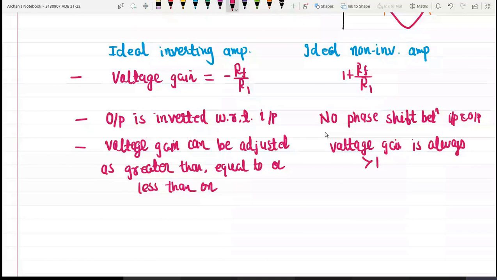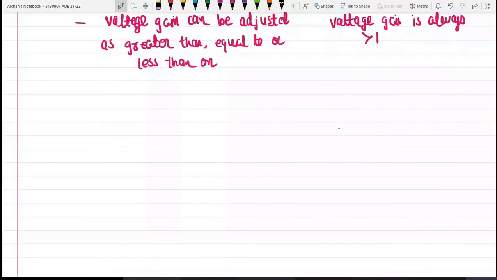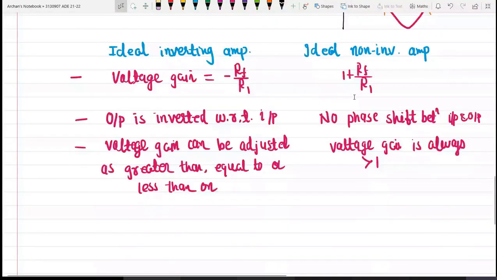Now we have certain important points that can be derived from these two configurations. The first one is voltage gain is always greater than 1. Second is voltage gain is positive, which indicates that for AC input the output and input are in phase, while for DC input output polarity is same as that of input.